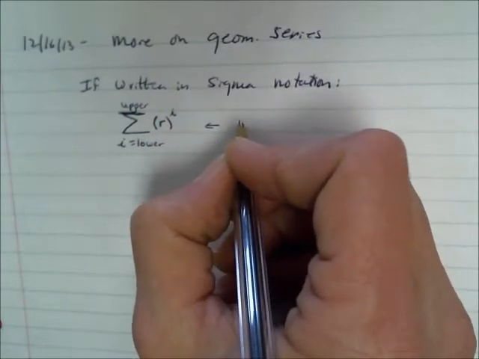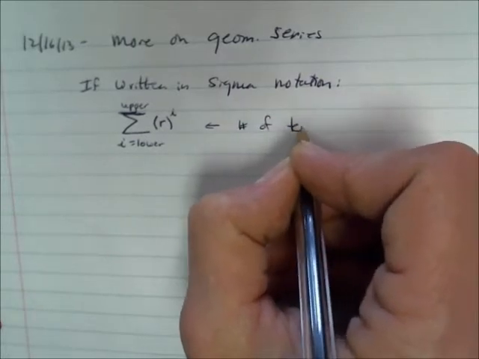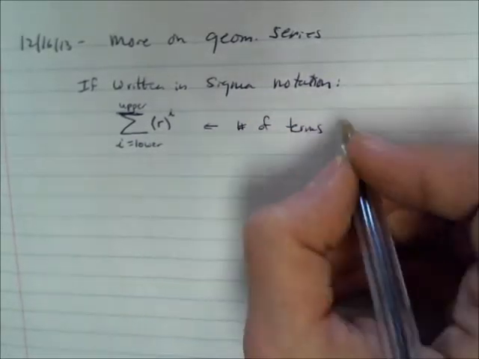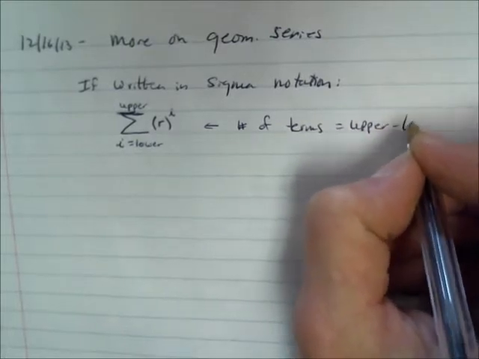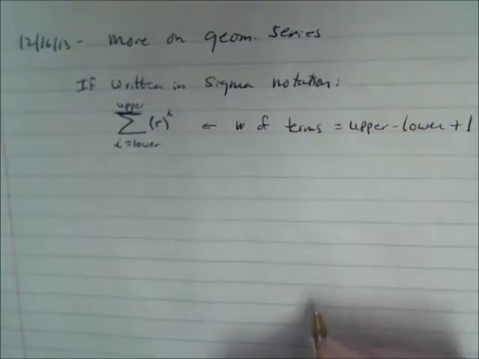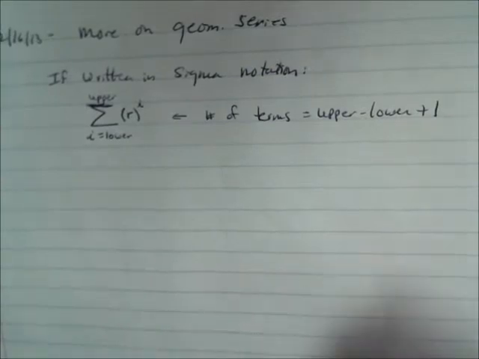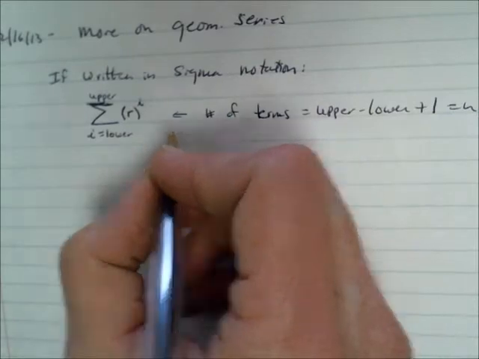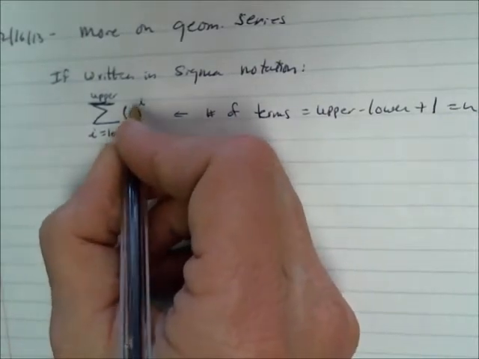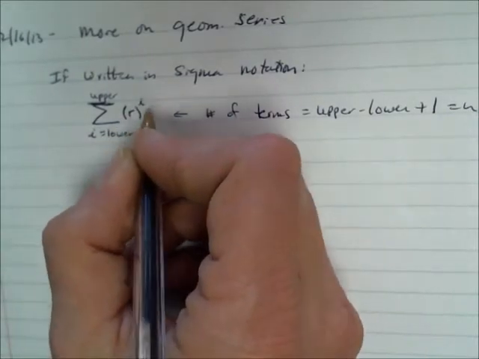So the number of terms in this series is equal to upper minus lower plus 1. So that's your n value. And the R value is always raised up to the index, or the index minus 1.